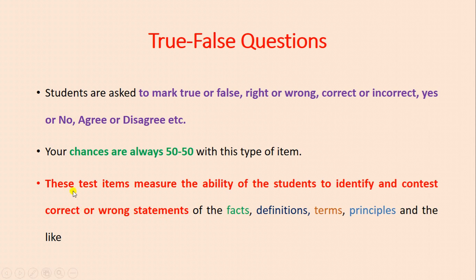Through true false questions, we want to measure whether students can identify that a statement is right or wrong, whether they can read the statement and know if the fact is right or wrong, and if the definitions written in the statement are right or wrong.